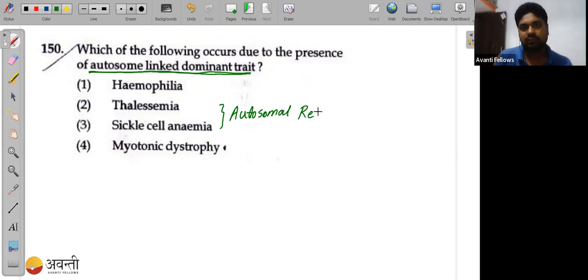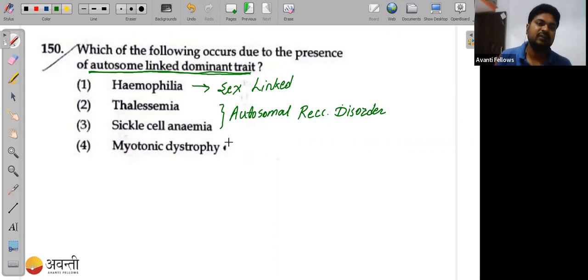Okay. Whenever we talk about hemophilia, it is the sex link disorder. ठीक है, सेक्स लिंक है. And whenever we talk about myotonic dystrophy, it is the autosome linked dominant trait, and that's why option 4 is the correct option.